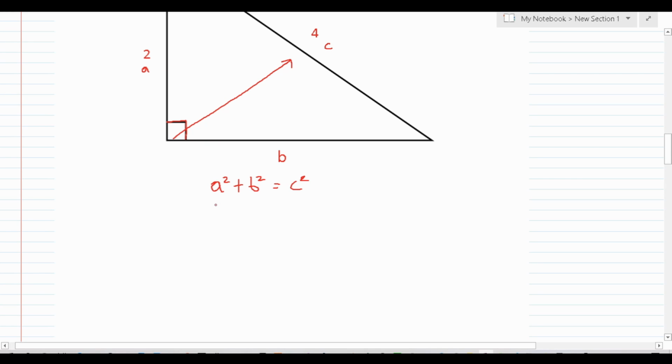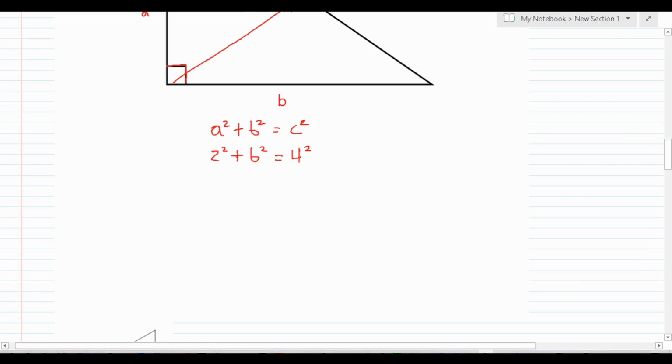Again, a is 2, so let's plug that in for a. That's 2 squared. B squared, or b, is what we're trying to solve for, so we're just going to leave that as b squared. And finally, we know c refers to 4, so we'll go ahead and write 4 in place of c there. Okay, so now we're just solving this equation using some basic algebra.